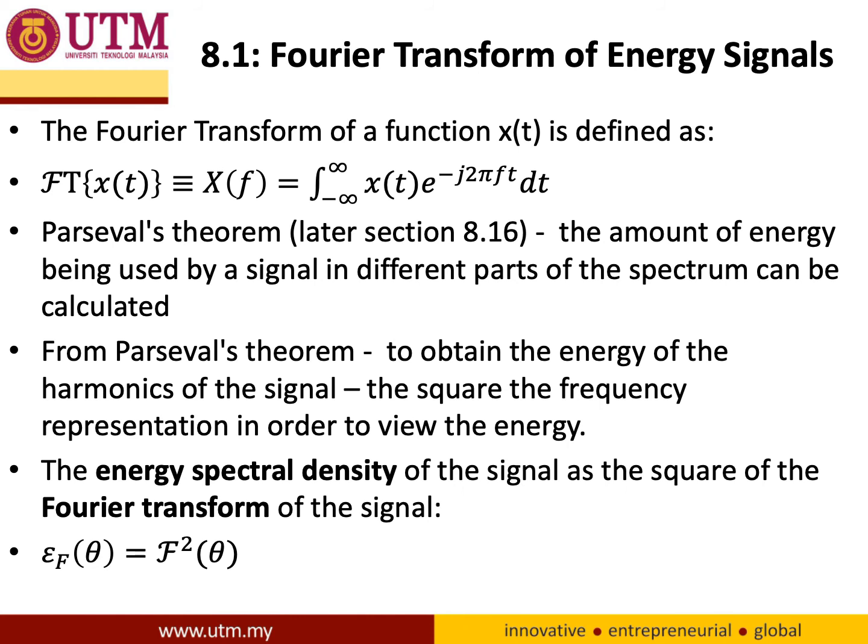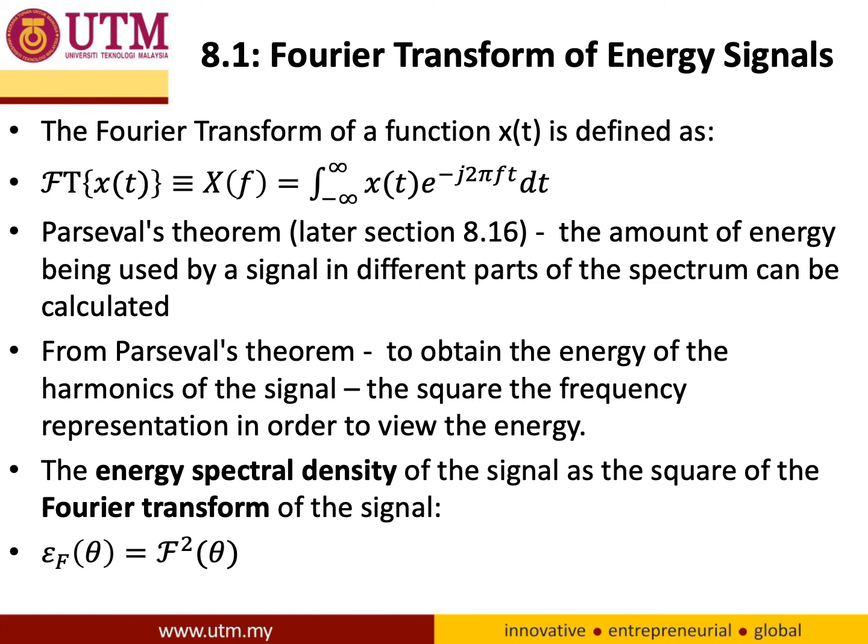According to Parseval's theorem, later in section 8.16, the amount of energy being used by a signal in different parts of the spectrum can be calculated. From Parseval's theorem, in order to obtain the energy of harmonics of the signal, we have to square the frequency representation of the signal.